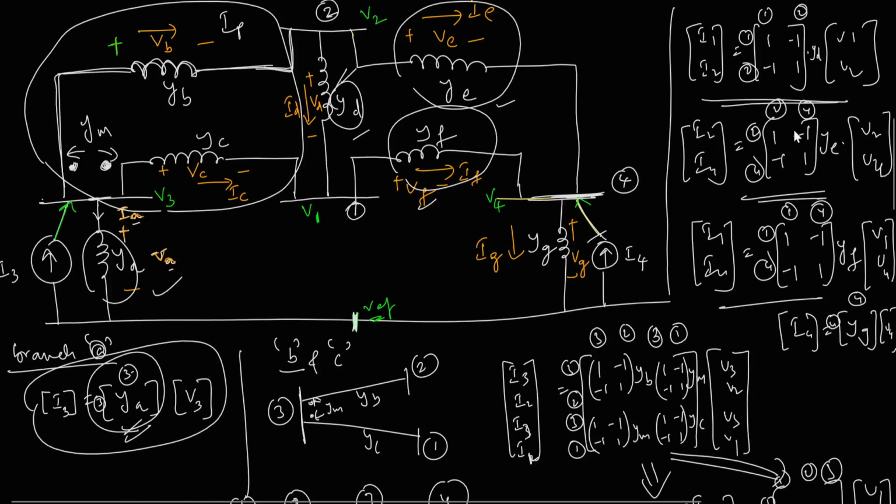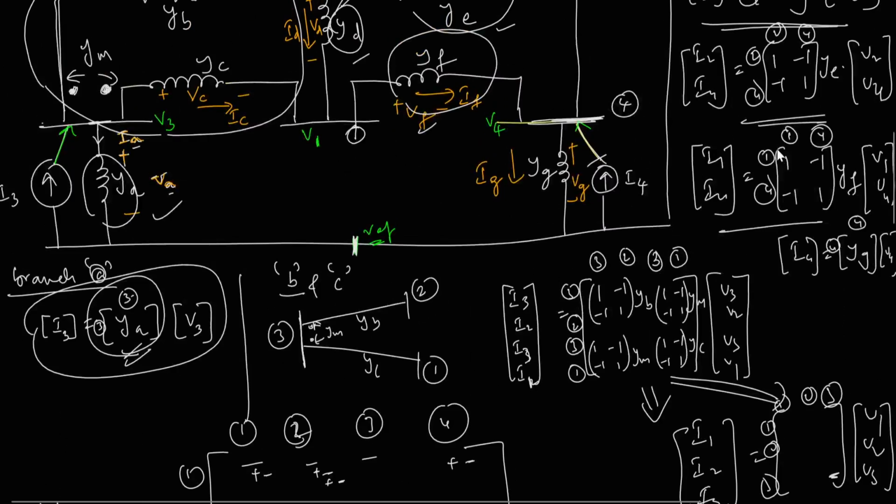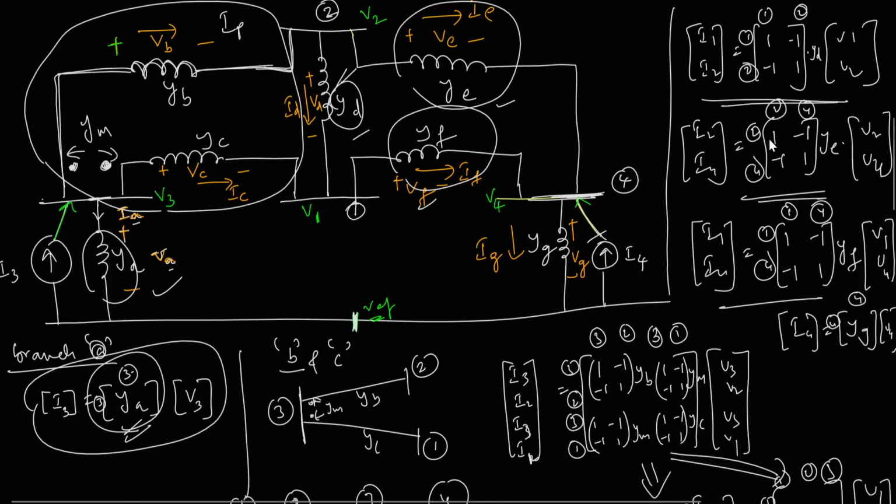This building block is added to the corresponding elements, previous matrix plus these elements. So similarly this is 2 4, 2 4, so again plus these elements. These elements will be added corresponding to this branch, this building block.